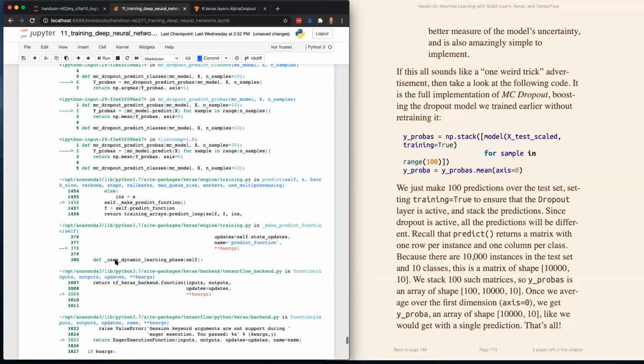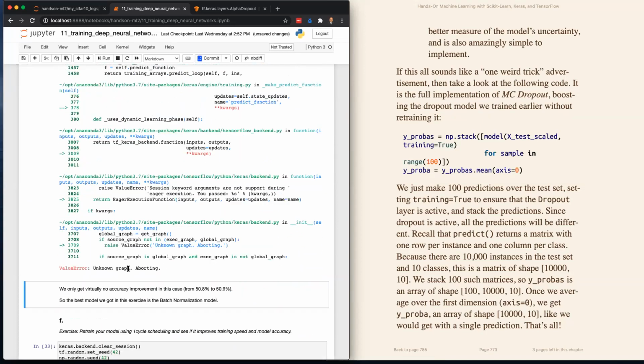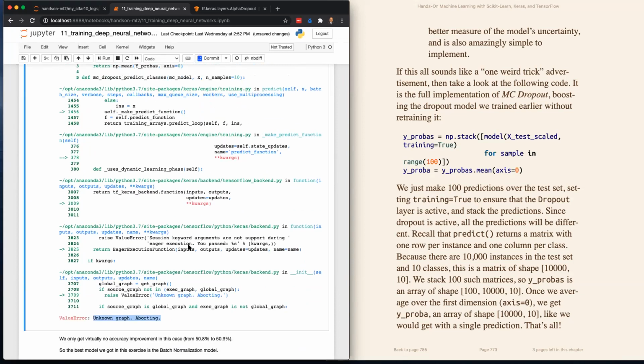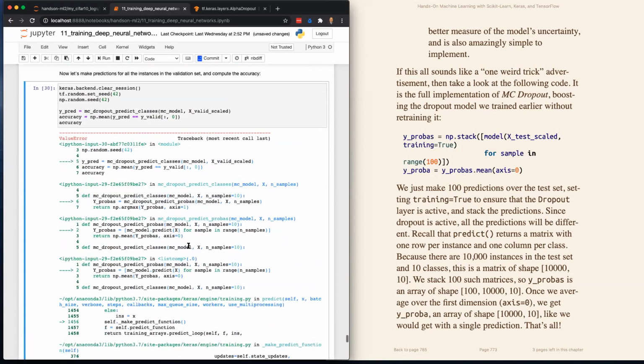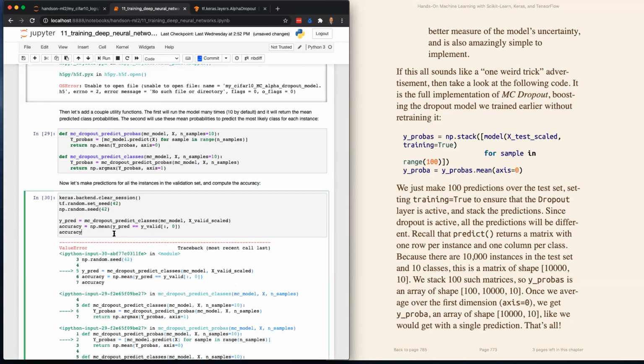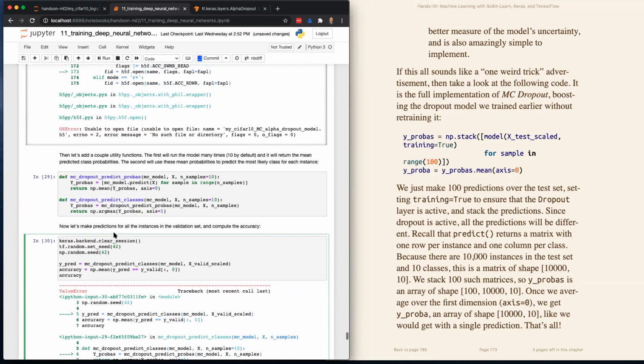That's where it says unknown graph, and I didn't have any clue what it means. You guys want to try whether you're going to get the same or a different error? Sure. Yeah, try it, please. And that's where I said, okay, maybe I need to build a model from scratch.